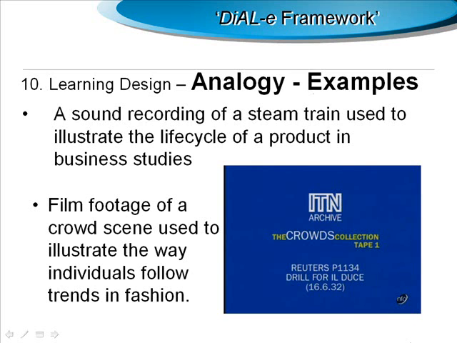They would think about the various stages, and you can hear the various stages of a train preparing to leave the station, and you would use this to represent the life cycle of a product.